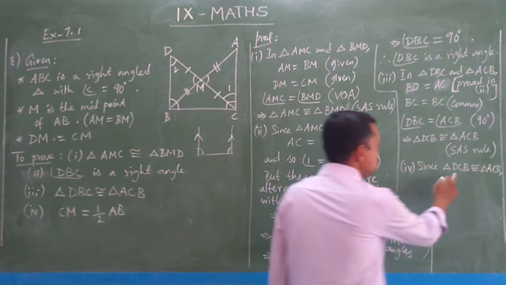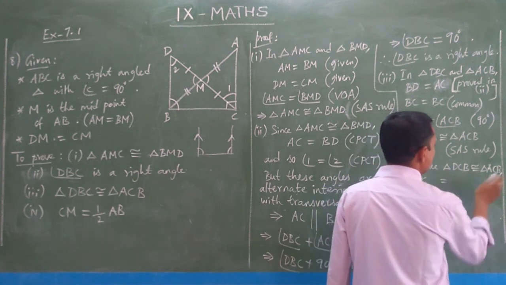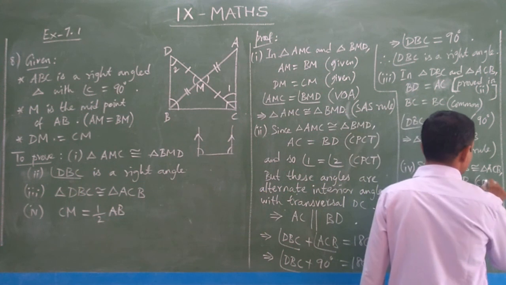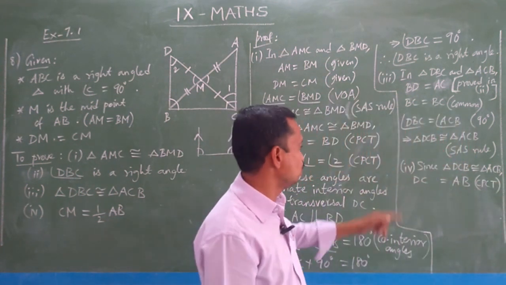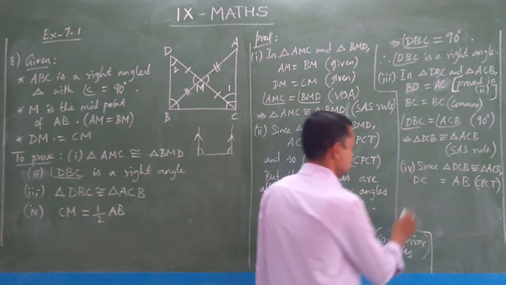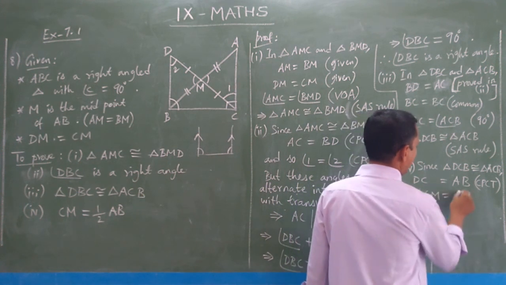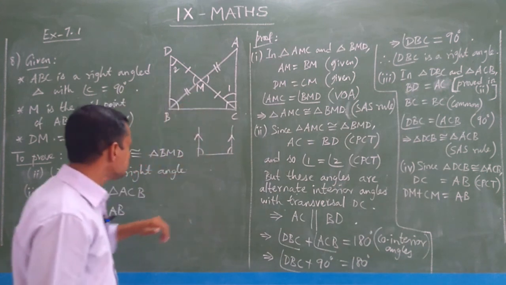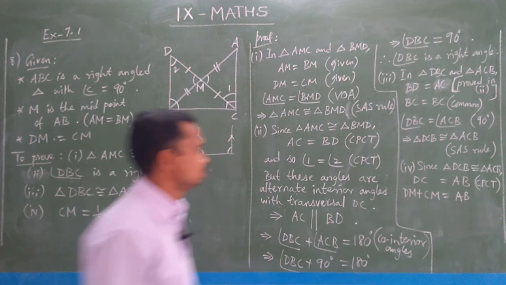So DC is equal to AB. The reason is CPCT. Clear? And now DC means we can write DM plus CM, because it is given that CM and DM are equal.